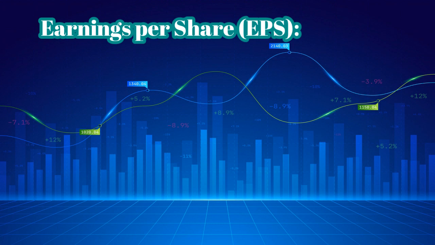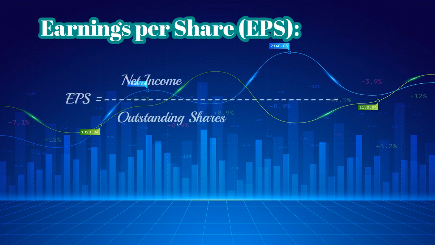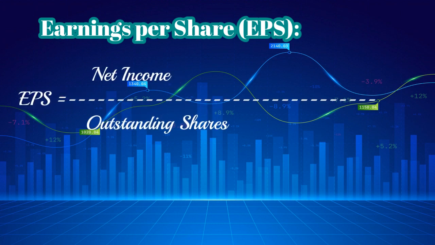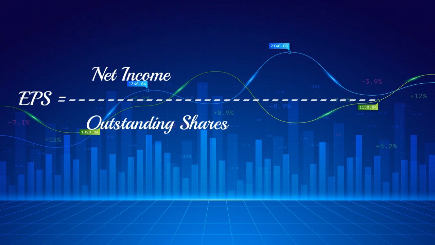Understanding the calculation. EPS is calculated by dividing the company's net income, profit, by the number of outstanding common shares. Here's the formula. EPS is equal to net income divided by outstanding shares. What does a higher EPS indicate? A higher EPS generally signifies a more profitable company, meaning it earns more money per share.